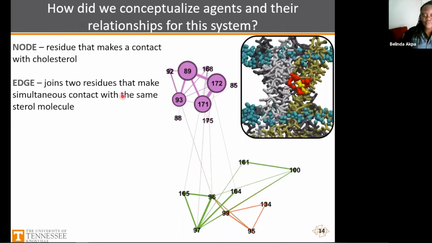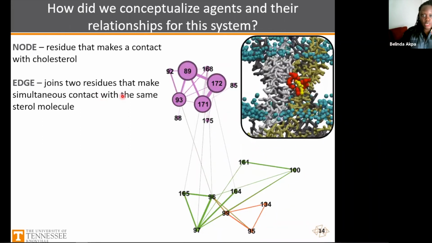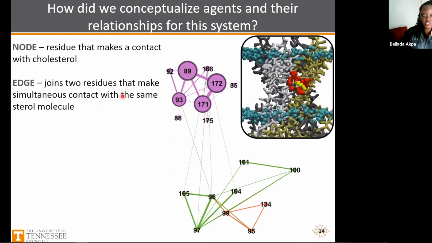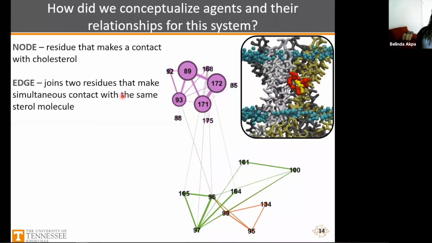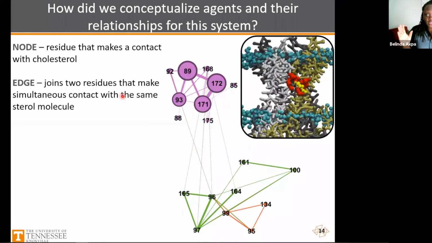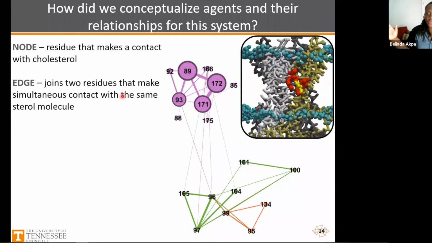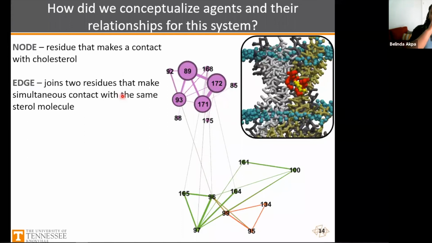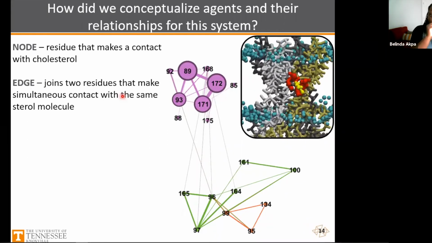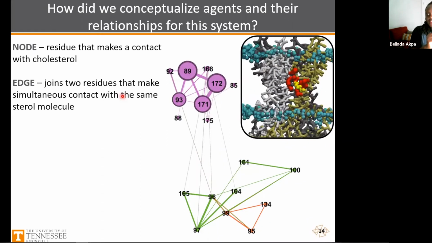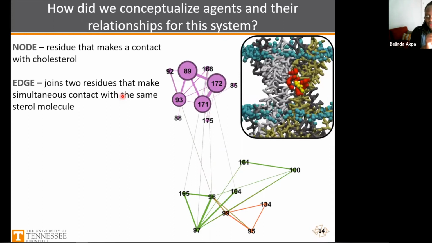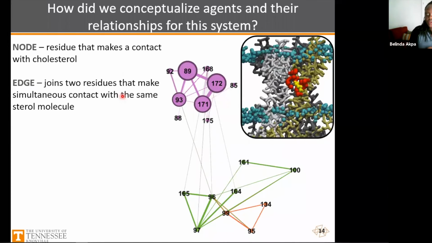Each edge represents whether or not the two residues make simultaneous contact with the sterol molecule. How we identified simultaneous contact was by frame, using an algorithm to say, in this frame, for this sterol molecule that we know has the properties of a binding contact, which residue is it in contact with?